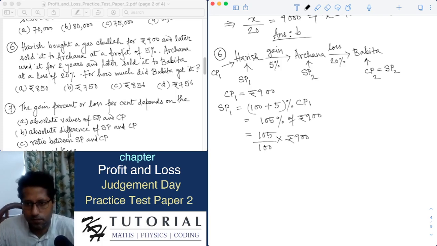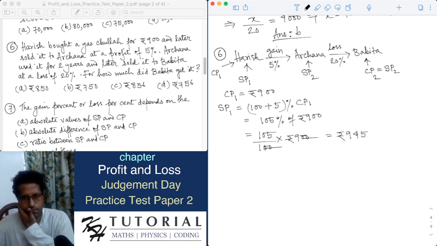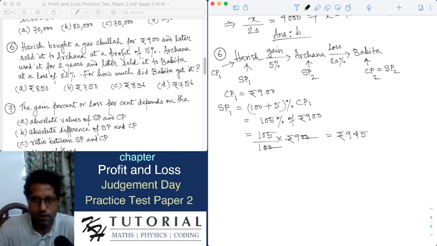So this is rupees 945. 945 is the price at which Harish sold the gas chula to Archana. So Archana purchased the gas chula at rupees 945. Now this implies SP2.